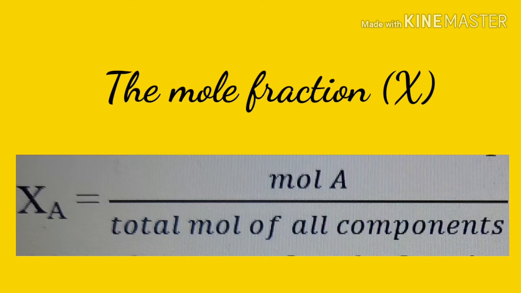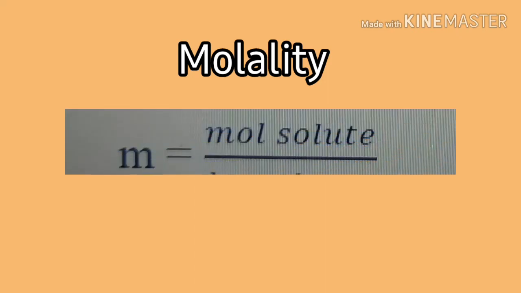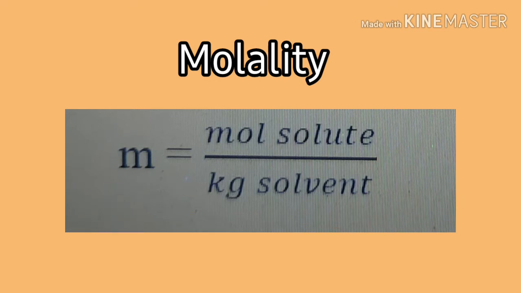By this definition, the sum of mole fractions for all solution components is equal to 1. Molality is a concentration unit defined as the ratio of the number of moles of solute to the mass of the solvent in kilograms.